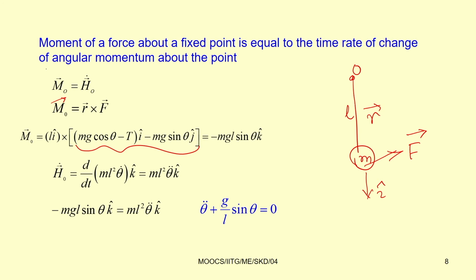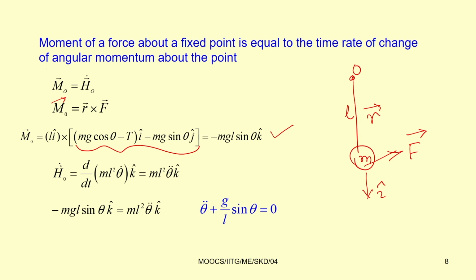Now i cross i equals 0 and i cross j gives k, so the moment of the force is minus mgL sin theta k.